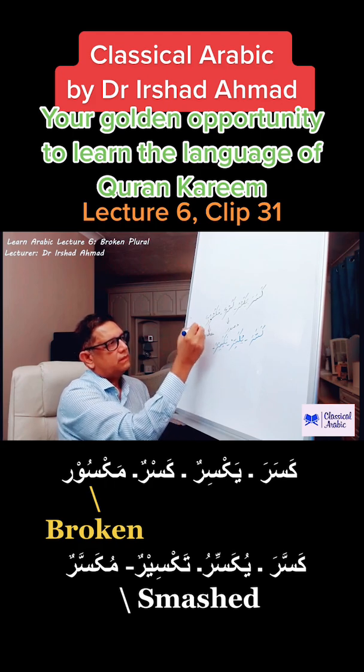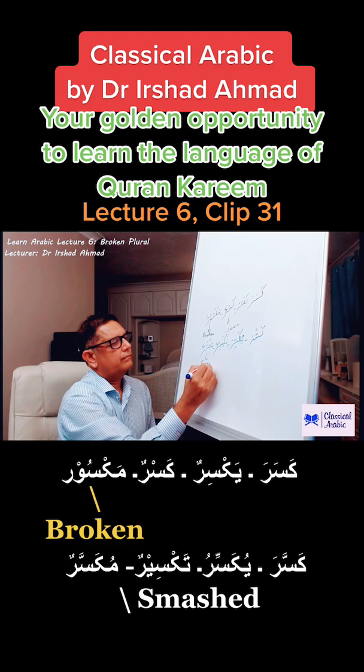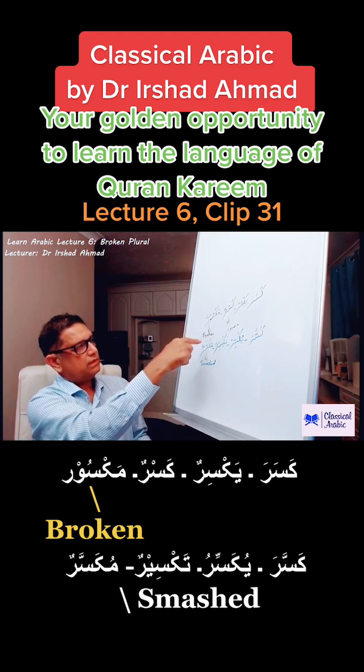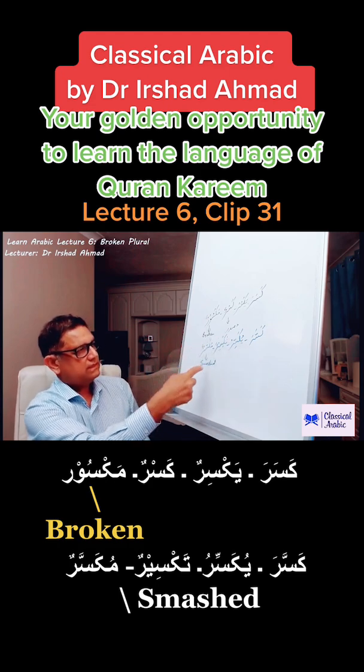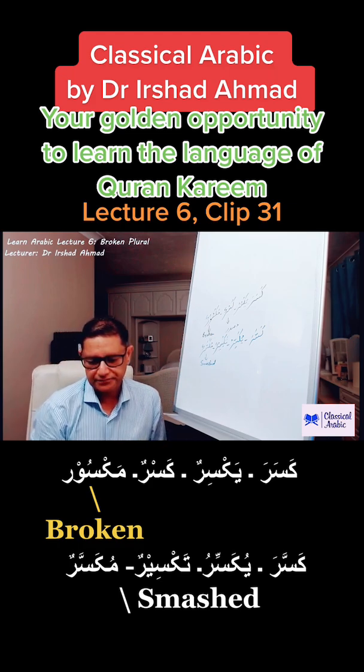And its similar noun is going to be mukassarun. This basically means smashed. So maksurun means broken, and there is excessiveness here of the same action of breaking, and we will really translate that as smashed.